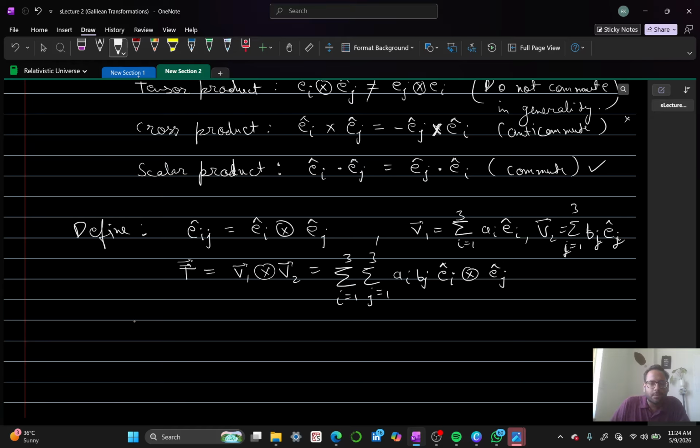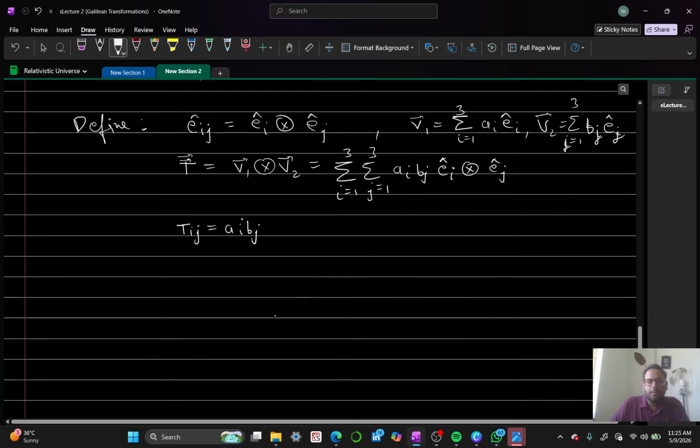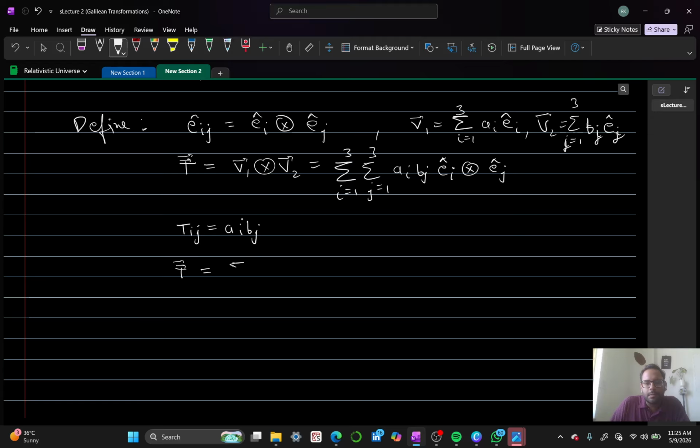So we can also define something like a tensor component like this. For now, it is a product of these two components only. So how will my tensor look now? It will be the summation over i and j from 1 to 3 of T_ij and e_ij.